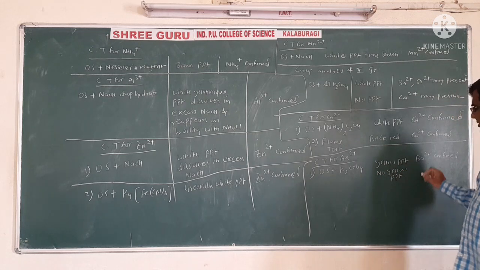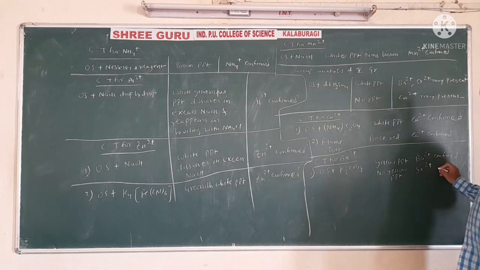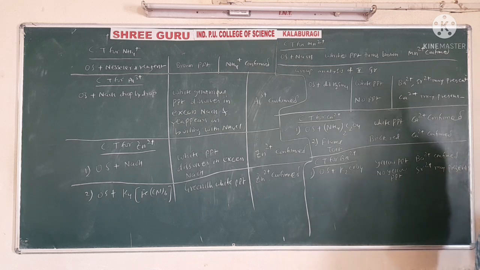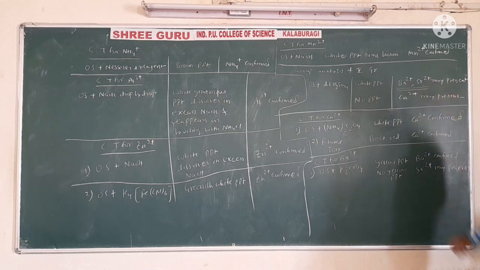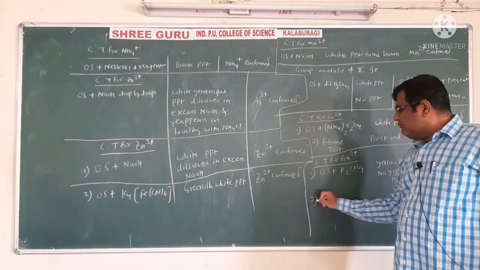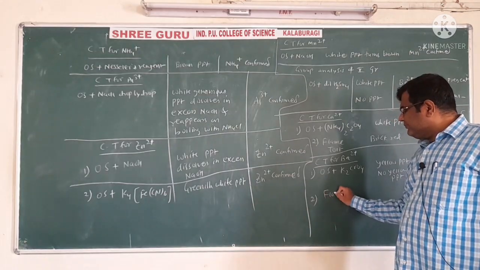If no yellow precipitate, then strontium may be present, not confirmation, but may be present. You have to confirm it differently, because for a white precipitate, both can be present. So I have to specify now. If yellow, Ba plus 2, not yellow, strontium. Then another CT for Ba plus 2 is the flame test.